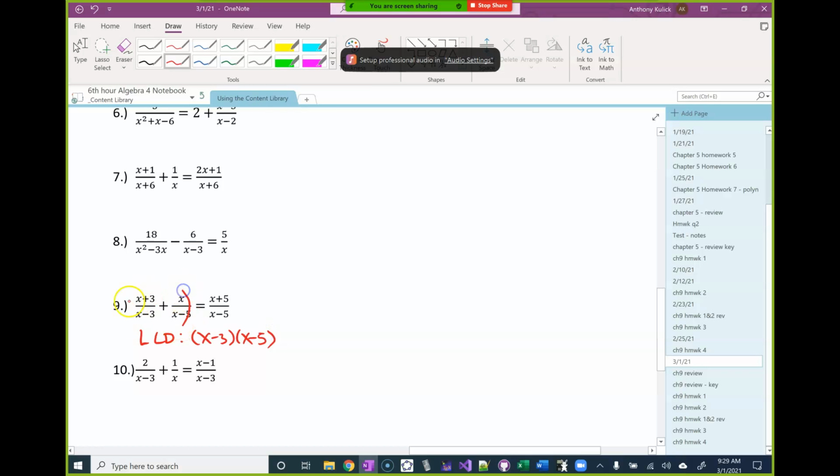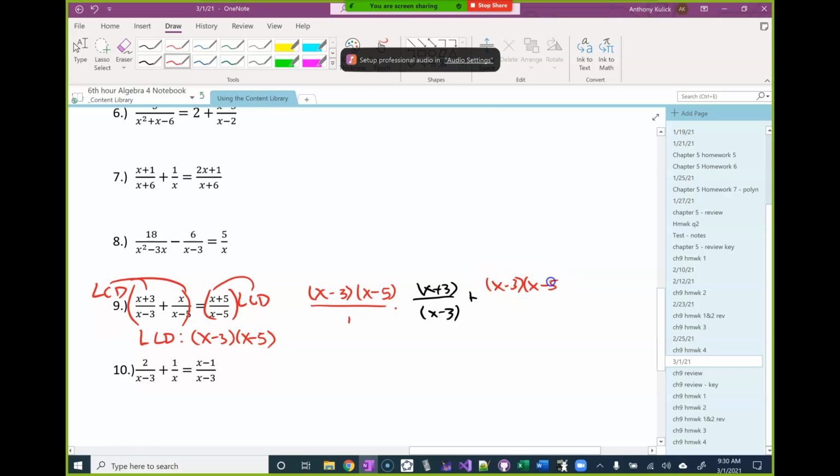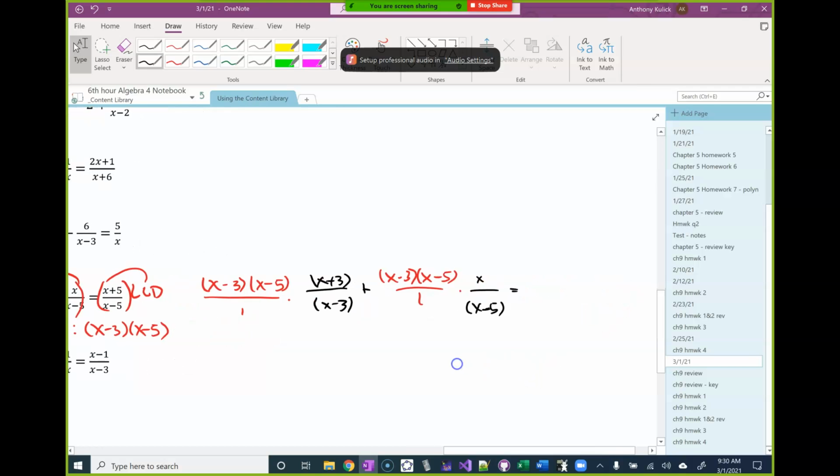Okay. So I'll multiply both sides of my equation by that least common denominator and distribute things through. So I'll write this all out.